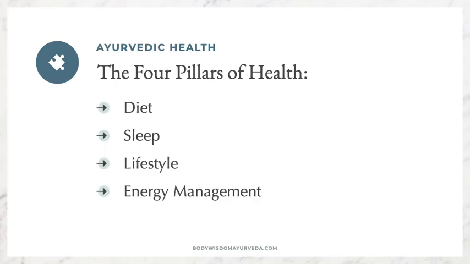You can apply that principle to the 4 pillars of health: diet, sleep, lifestyle, which includes exercise, and energy management. For more on the 4 pillars of health, go back to my video titled, "What is Ayurveda?"